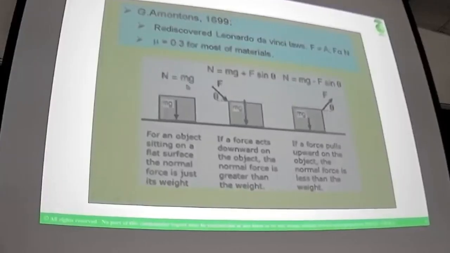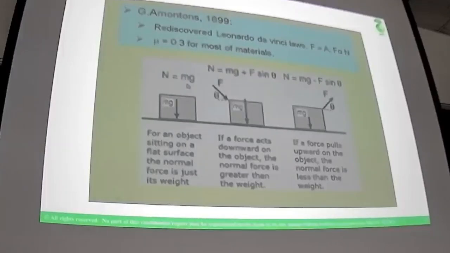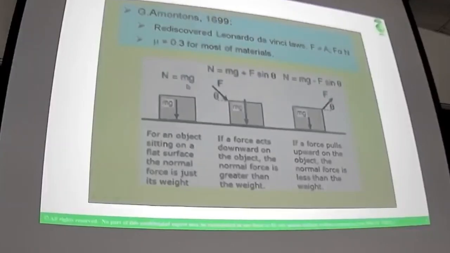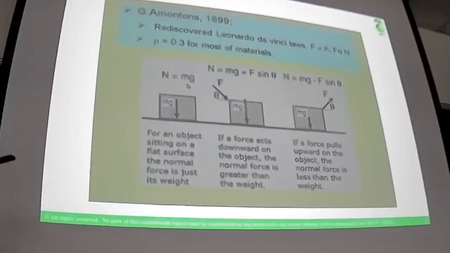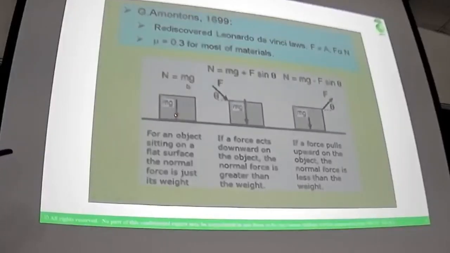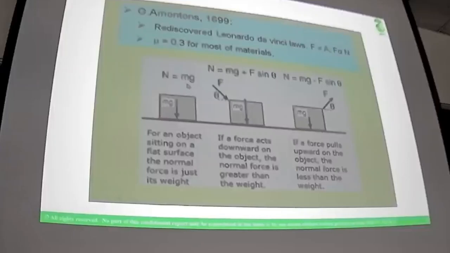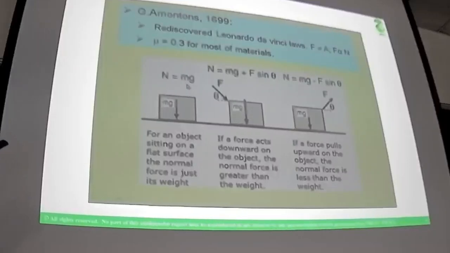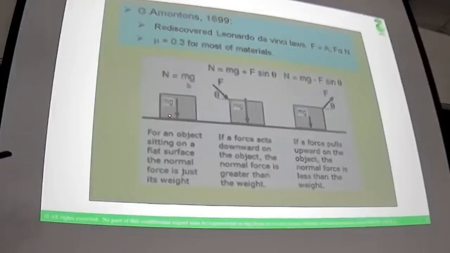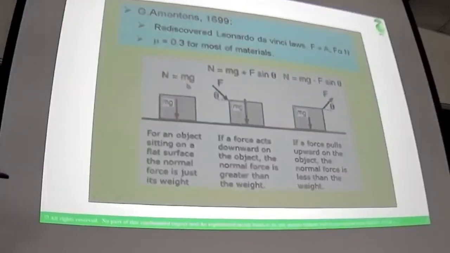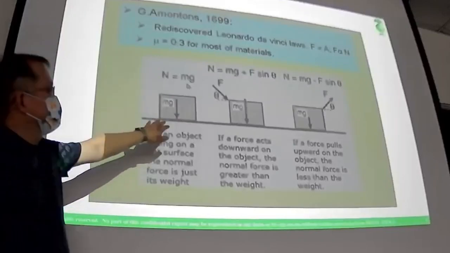So here the normal force is the gravity of the object mass, multiplied by gravity. This is the normal force acting on the contacting interface.